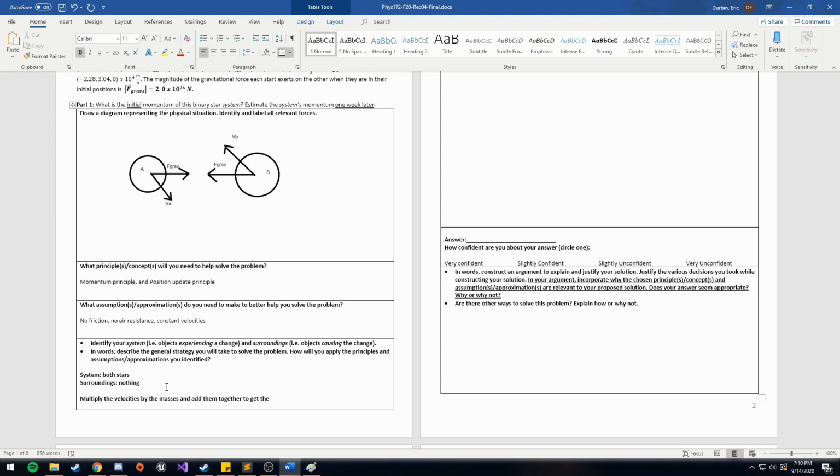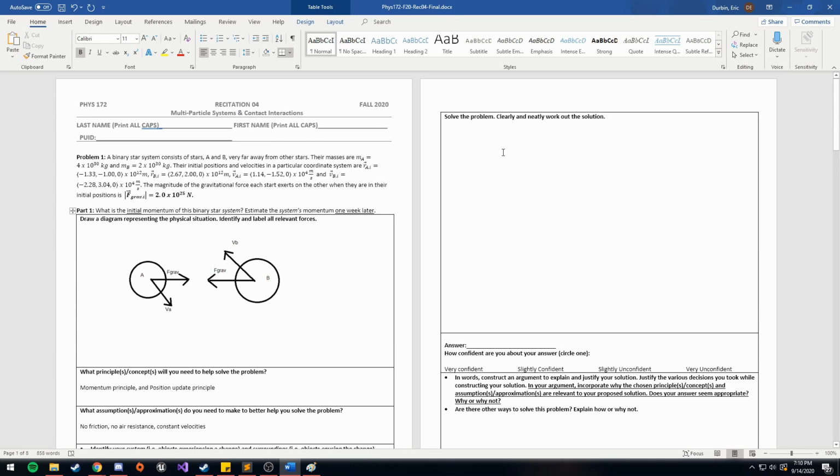All right, initial momentum was just m1 times v1 plus m2 times v2, which I suppose I should write down. MA times VA. So this one you can just take the impulse equation.